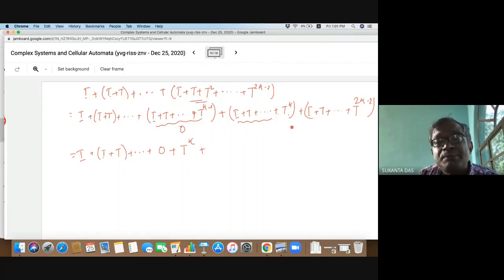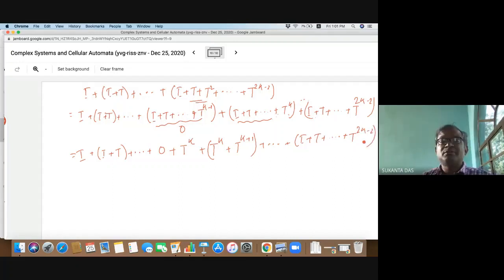If I repeat this one, the next part will be t to the power k plus t to the power k plus 1, as it will continue. Then I plus T plus dot plus t to the power 2k minus 2, right? Oh no, sorry.